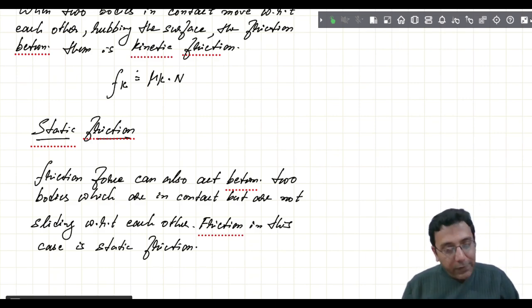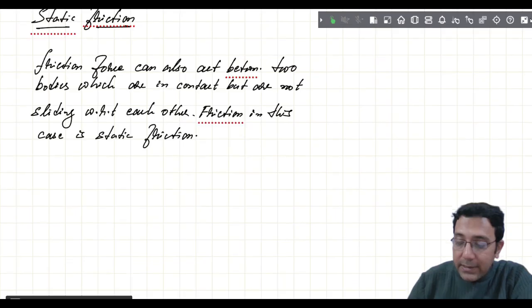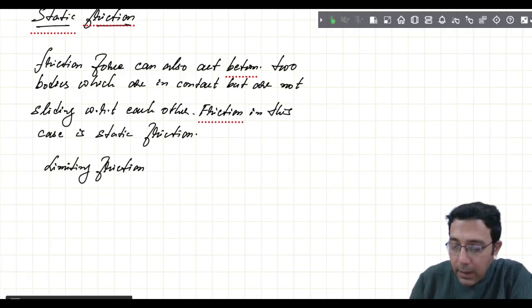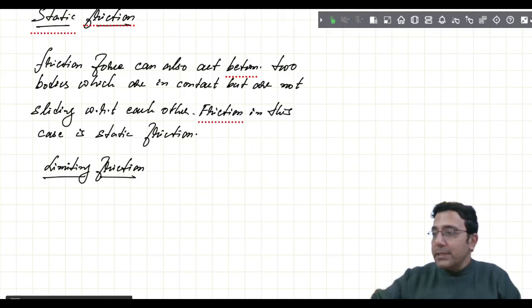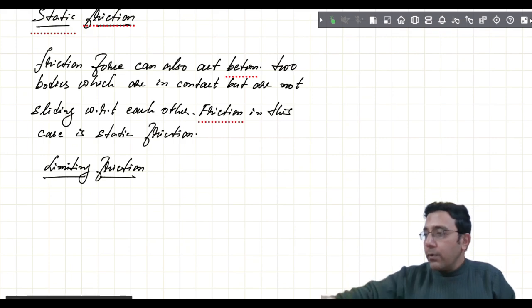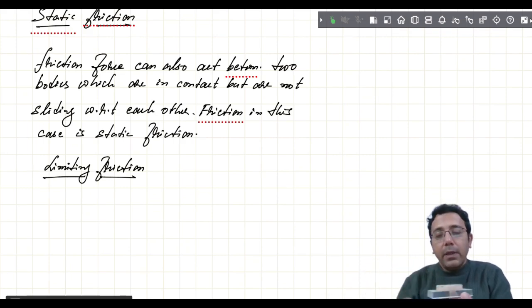Now the maximum friction that a body can exert on the other body is called limiting friction. Let me just write it. Let's say one object is there on the free surface, like let's say we have a body like this, and there is another body.